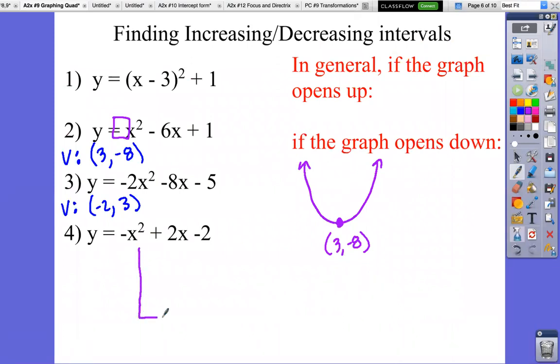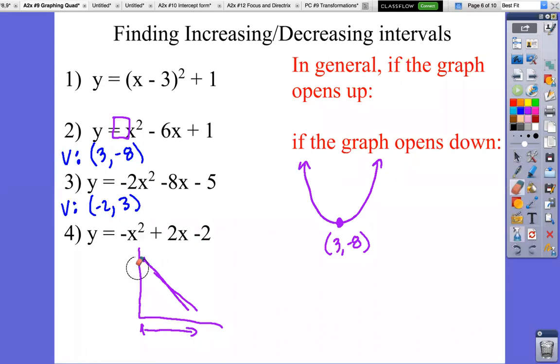If this is where I start, and I've got something right here, and it's going like this, do you think that's a good sign? If my stocks do that, is that good or is it bad? It's bad. It's decreasing. What this means is it's always from left to right. This is where I start, and it's going in this direction. So from left to right, what's happening to my Y values?